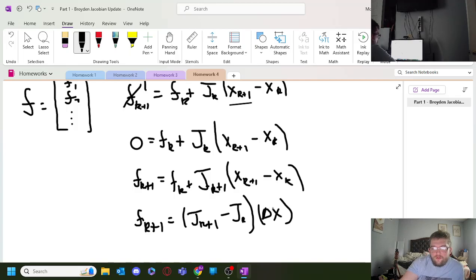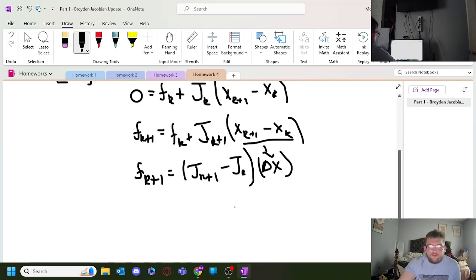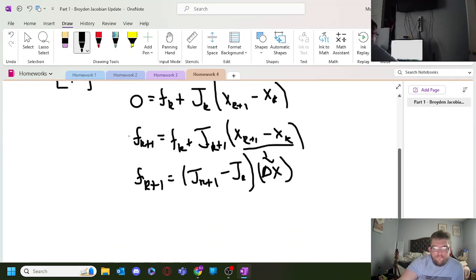Now, I don't have to write it out so much, I just change it to delta x, but it's just this term here. So now we've got this equation.